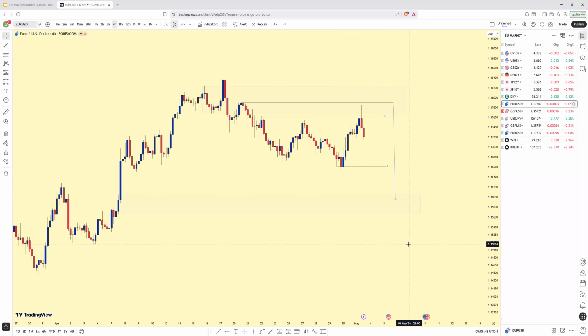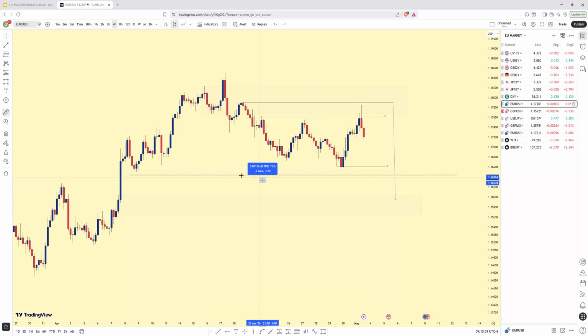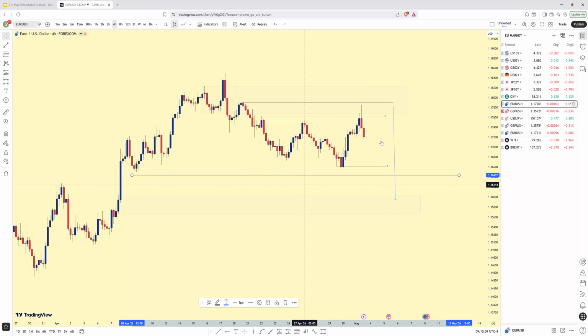It depends, because the market has been rejecting this area more often. So if the market gets here, you should be able to take out and tap into this area.